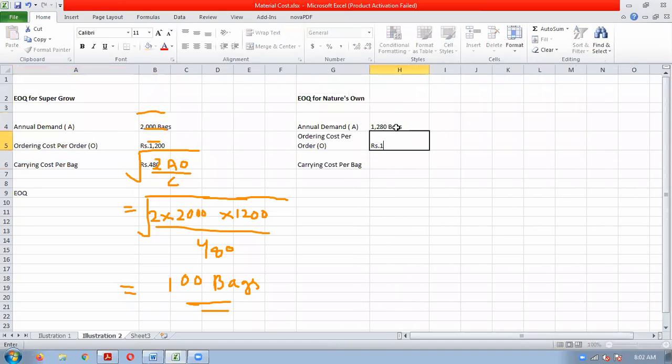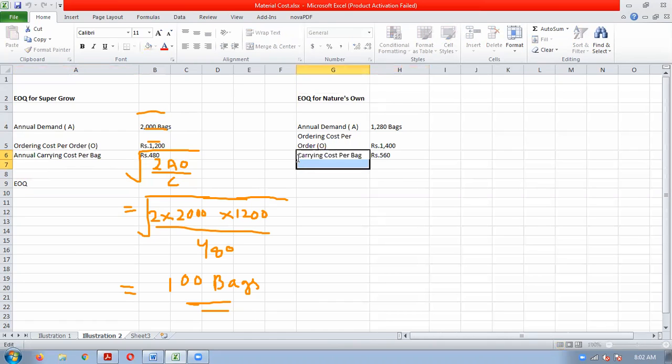Rupees 1400. Then the annual carrying cost is rupees 560.